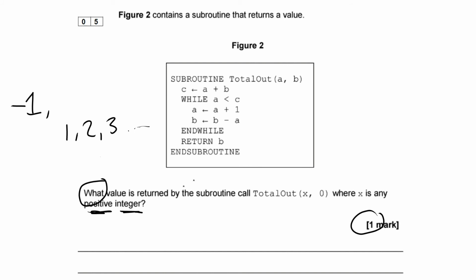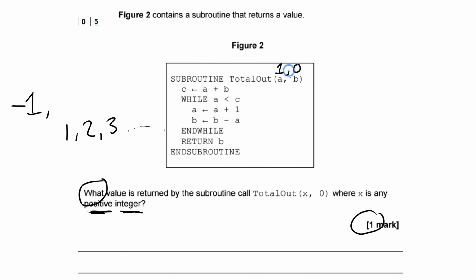If I want to test this out, I could just try and guess it, and think there's something going on with that 0 that seems quite special. But let's just test it out. Let's just put a 1 in x. If we want to pass 1 and 0 through this subroutine, we make sure we've got a 1 up here and a 0 up here.